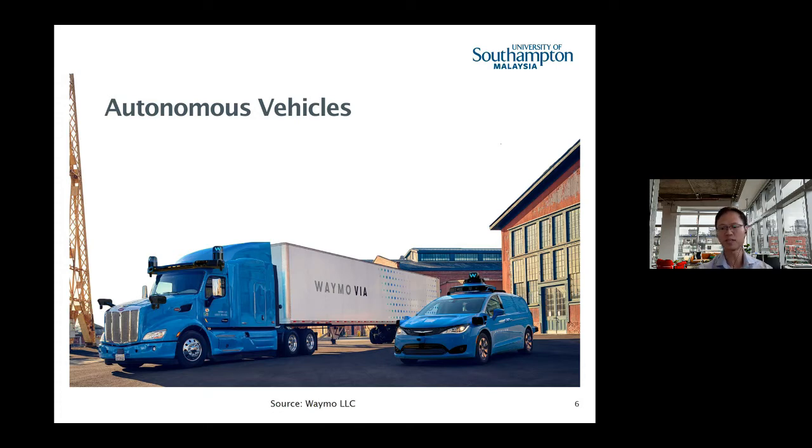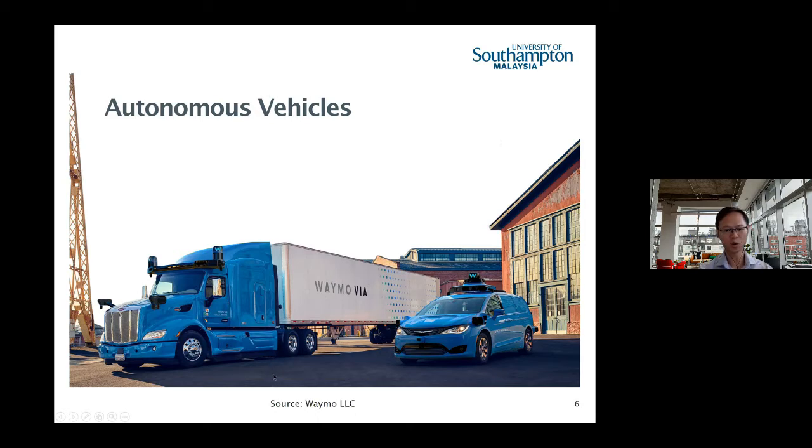Those are things that still need to be ironed out before we can fully deploy autonomous vehicles in the real world out there. So technical aspects, a lot of it has been ironed out. Perhaps in terms of the legislation for particular countries, particular cities, that is still being worked on. But no doubt, going into the future, we're going to see cars and even trucks that are operated autonomously.